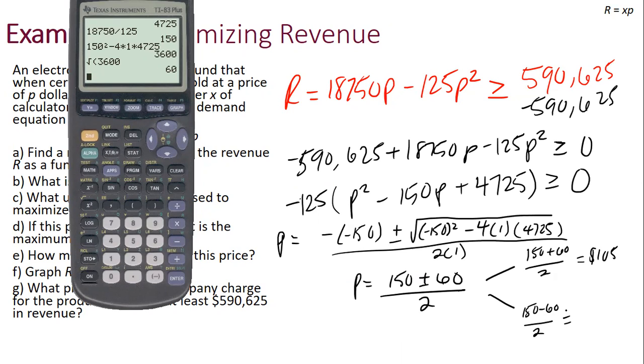And then 150 minus 60 is 90. And 90 divided by 2 is 45. So they could sell fewer calculators if they charge 105, or sell a lot of calculators if they charge 45, but either one of these will help them reach their goal of 590,625.